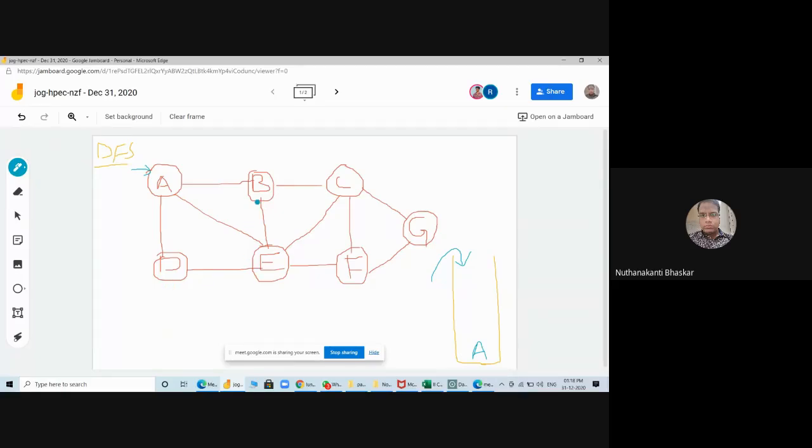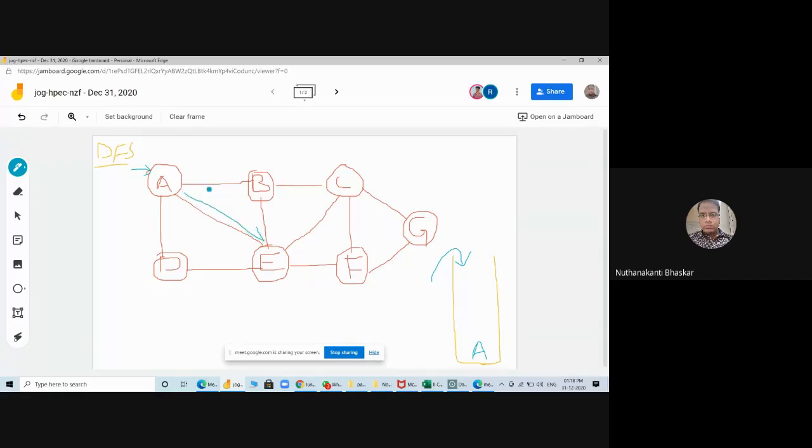You can choose any node; that is up to you. That's why I told you all solutions are not the same. Finally you will reach the result, but the solutions differ. Which node do you want to visit? E. Okay, you want to visit E.